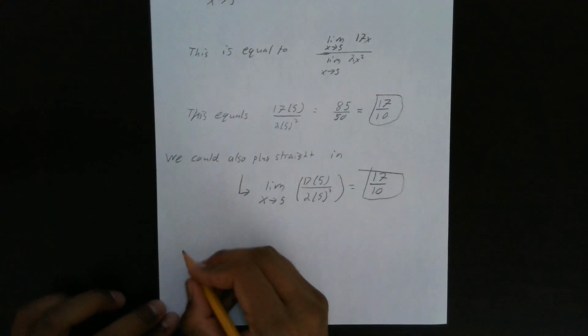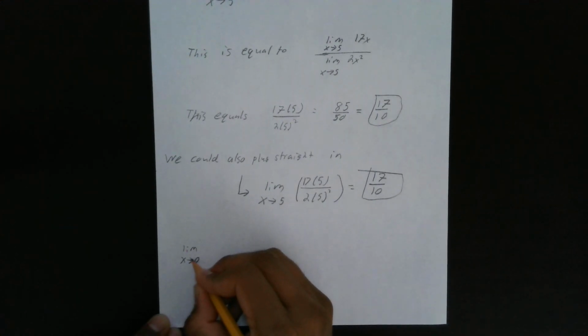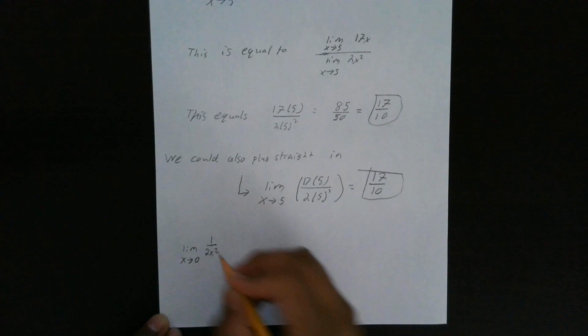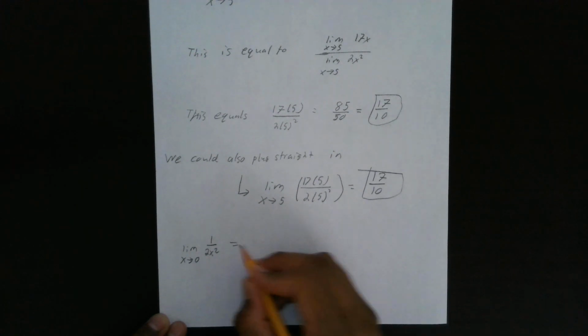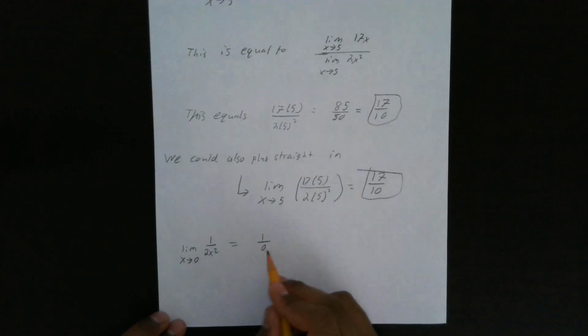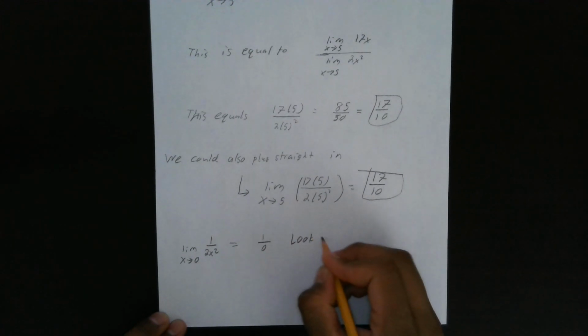If we had something like the limit as x approaches 0 of 1 over 2x squared, we'd be dividing by 0, and so that's not allowed, so that's something to look out for.